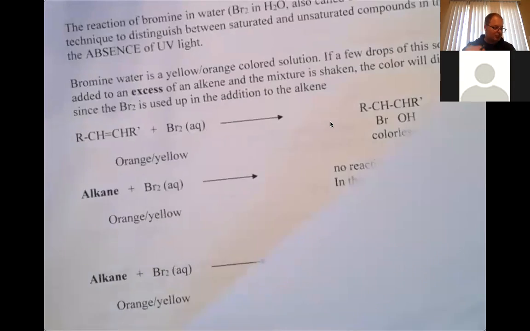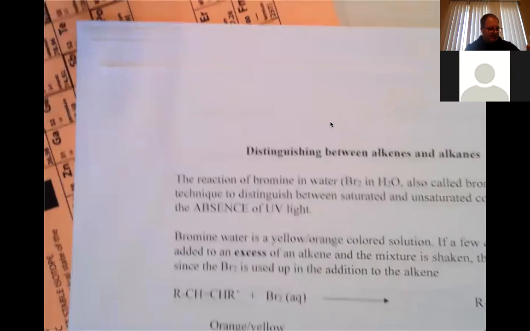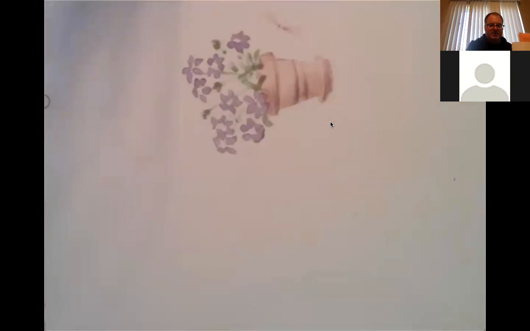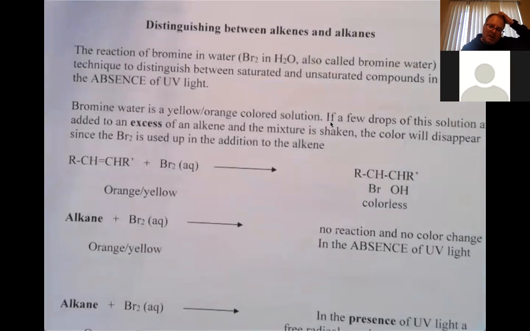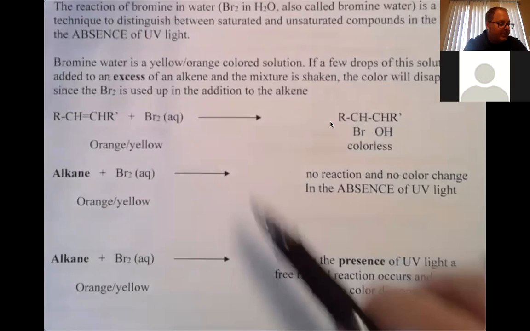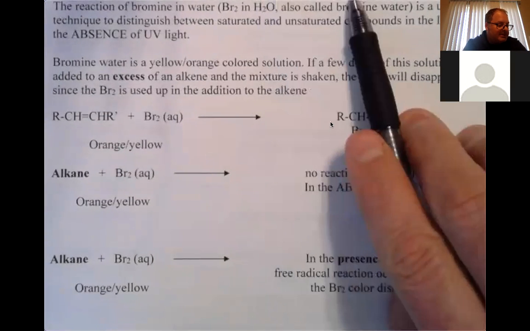So what that means is we can actually use that reaction to distinguish between alkanes and alkenes by adding the Br2.